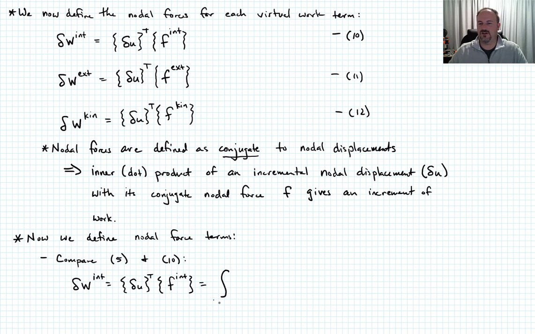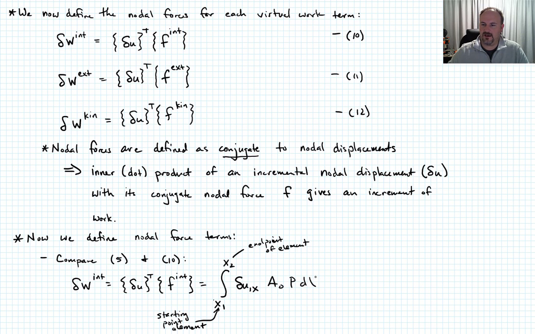So let's put x1 and x2. This will be the end point of the element, and this will be the starting point of the element. Okay? So going back to equation 5, this now looks like the integral of delta U partial with respect to x times a naught p dx, right? Let's call that equation 13.